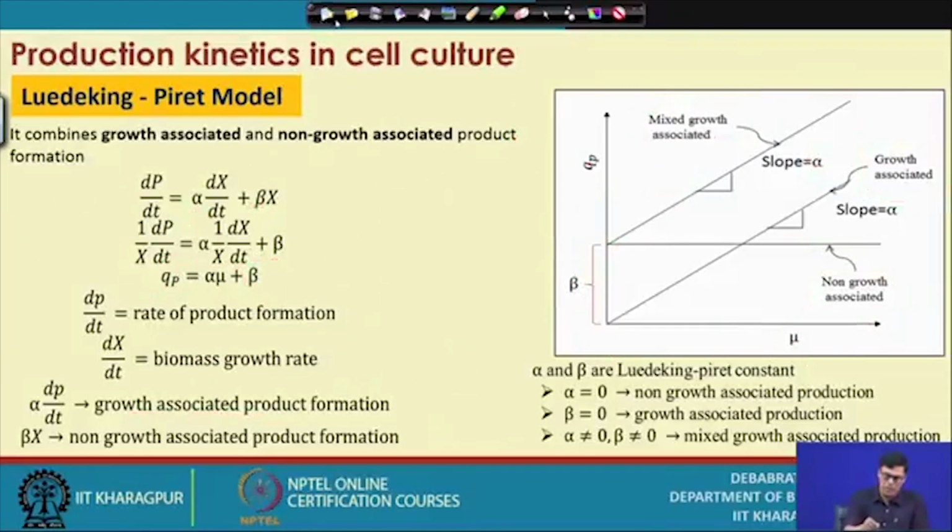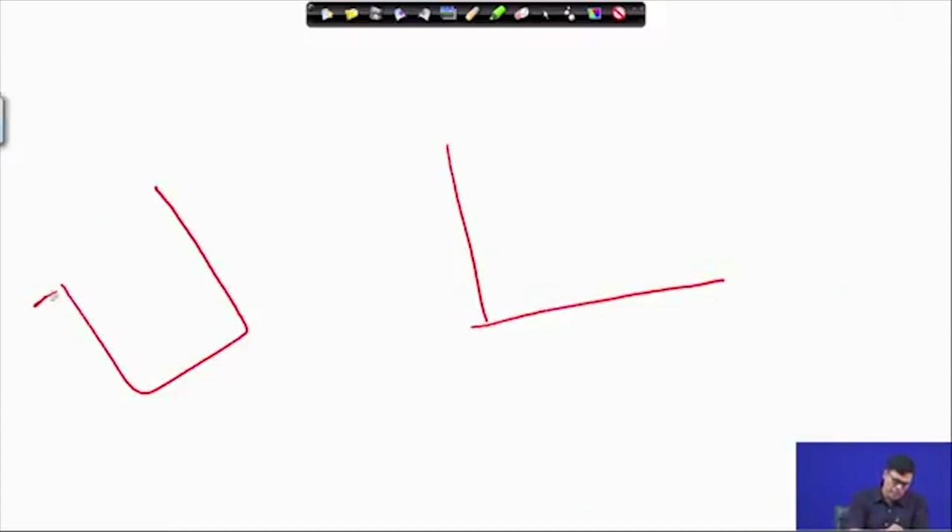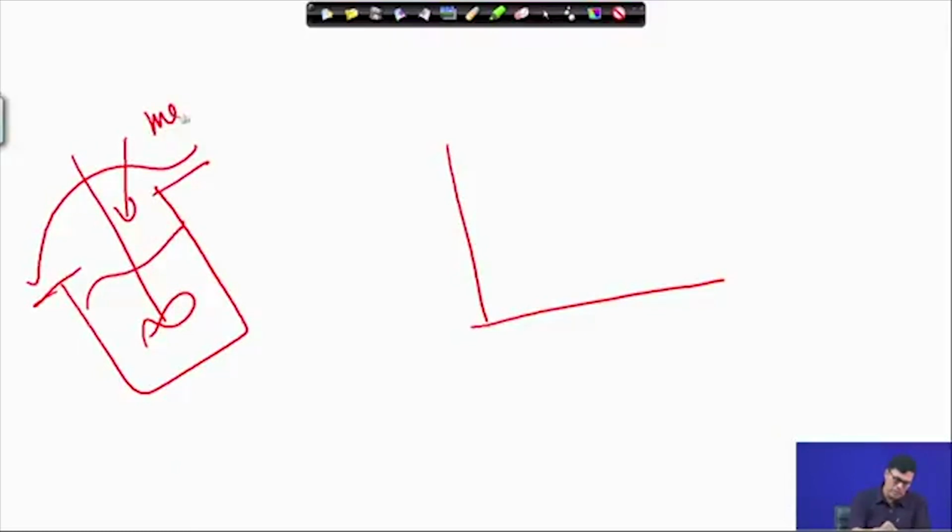Now, the question comes: what are the different examples we have in case of growth associated product and non-growth associated product? What I want to point out is, suppose this is a batch fermentation process. Here first we put the media, then we put the cell. Am I right?